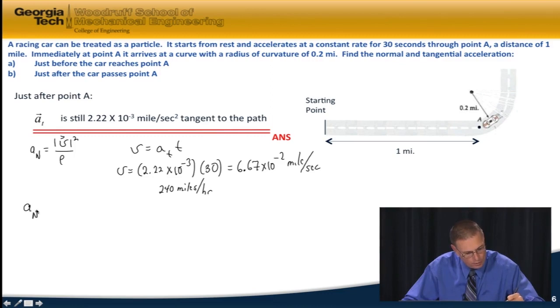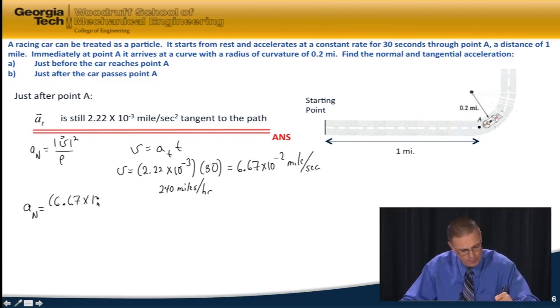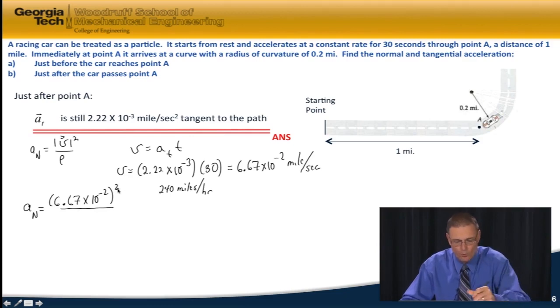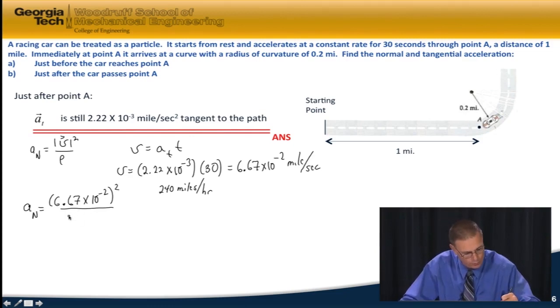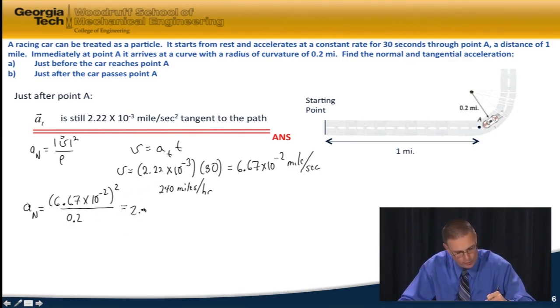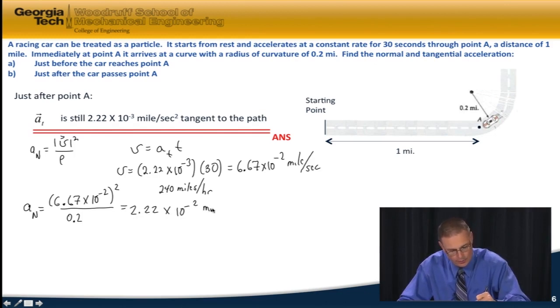So we have A normal is equal to 6.67 times 10 to the minus 2, squared, over the radius of curvature. And the radius of curvature of this curve is 0.2 miles. And so this gives us 2.22 times 10 to the minus 2 miles per second squared.